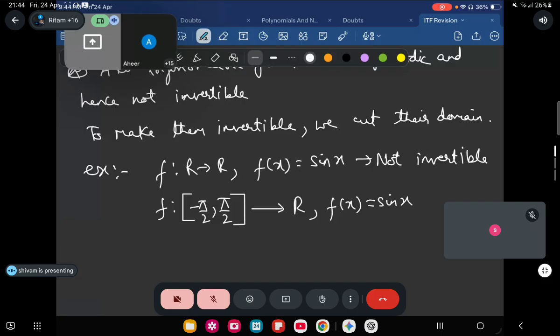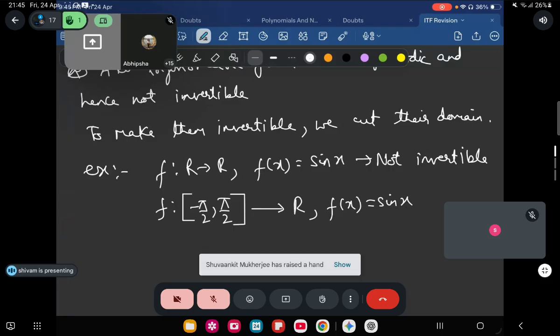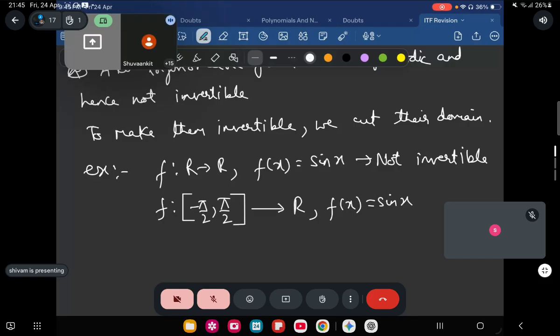Anyone else? Oipsha, what do you think? Is this invertible? Yes, sir. Adrija, is it invertible? No, sir. Shubhankit, tell me, is it invertible? No, sir, it's not.